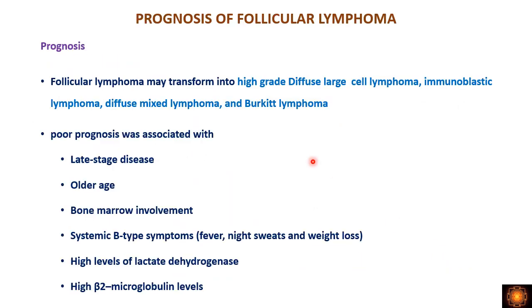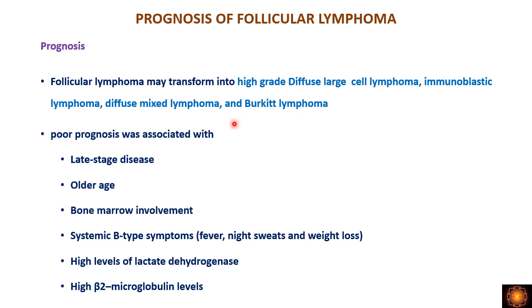Now this follicular lymphoma can further progress and transform into high-grade diffuse large B-cell lymphomas, or it can transform into immunoblastic lymphomas, diffuse mixed lymphomas and Burkitt lymphomas. Means these indolent follicular lymphomas, which have an indolent course, can slowly transform into lymphomas which have an aggressive course.